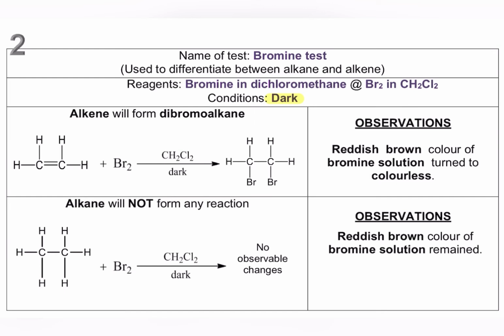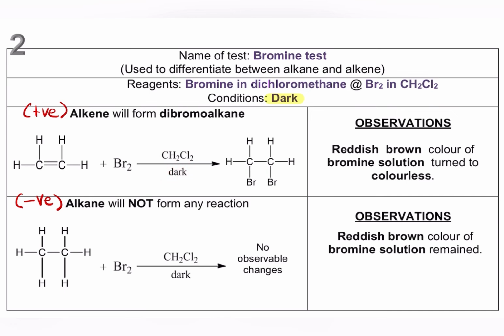So now let's get to alkene. So alkene will show positive result for bromine test, while alkane will show negative result for bromine test. So in this positive result for alkene, I use ethene reacts with Br2, produce, you put the solvent on the top of arrow and the condition dark.